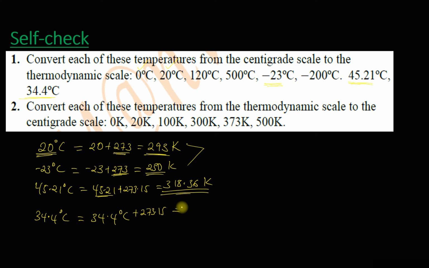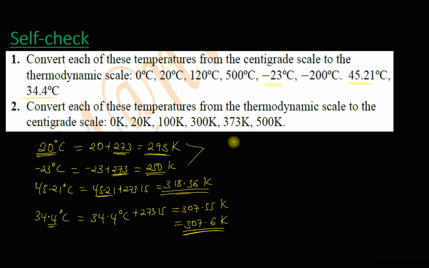This gives us 307.55 Kelvin. But because they quoted the answer to one decimal place, we shall round this off to 307.6 Kelvin, and this will be the most appropriate answer for this question.